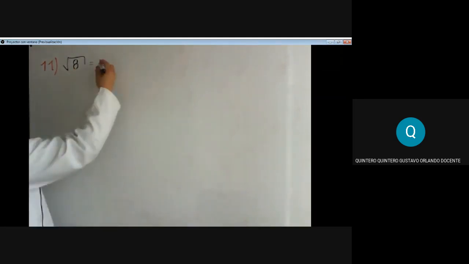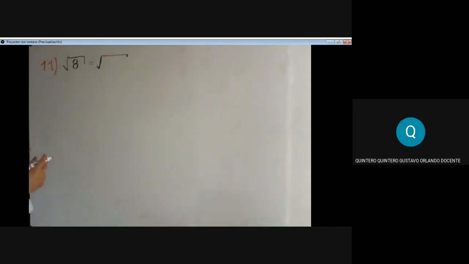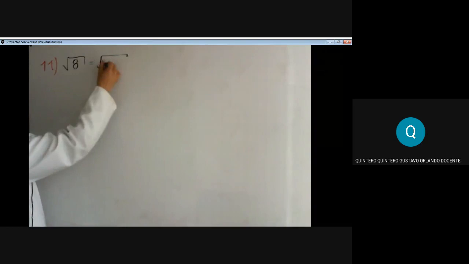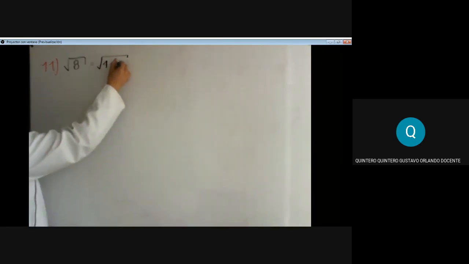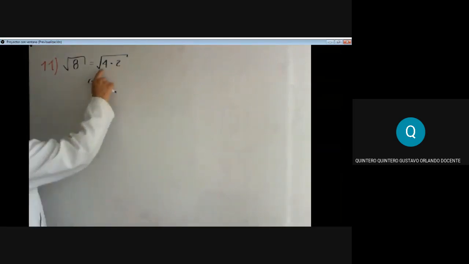The first thing we need to see is that there is a trick, right? The number 8 can be expressed as 4 times 2. And why did I choose these two numbers?